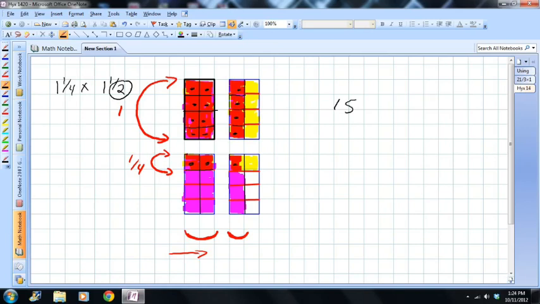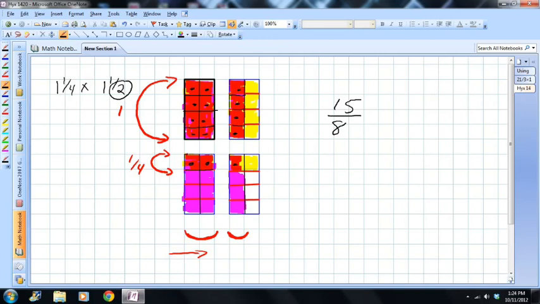We have 15 overlapping sections, and if we look at one of the rectangles, one rectangle has 8 parts to it. So this model represents the product of 1 1/4 times 1 1/2.